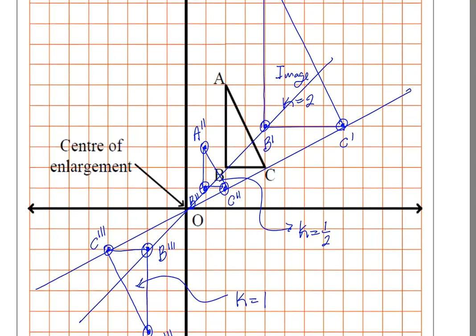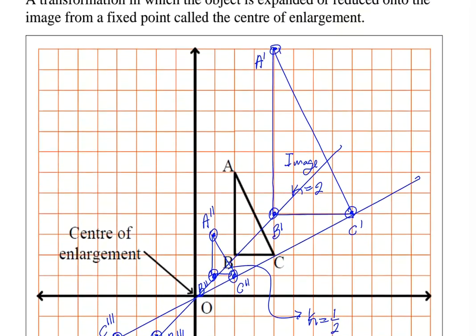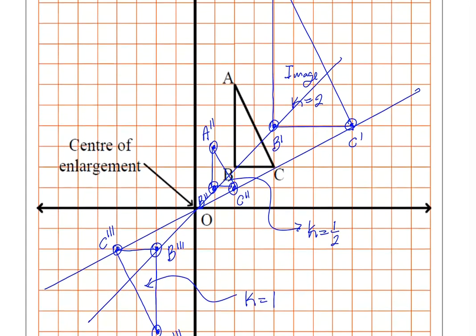And I'm going to assume that if I connect all the A's, the same thing would happen. So a straight line connecting corresponding points on the object and image must pass through the center of enlargement. When K was positive, the object and the image are on the same side of the center of enlargement. When K was negative, the object and image are on opposite sides of the center of enlargement.